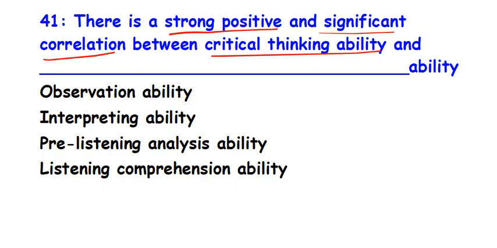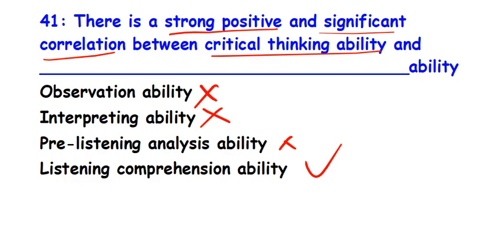Observational ability, nope. Interpreting ability, not really. Pre-listening analysis ability, no. Listening and comprehension ability. Okay, this last one is very correct. Why are we saying it's the correct one? Strong listening skills support deeper analysis and understanding.